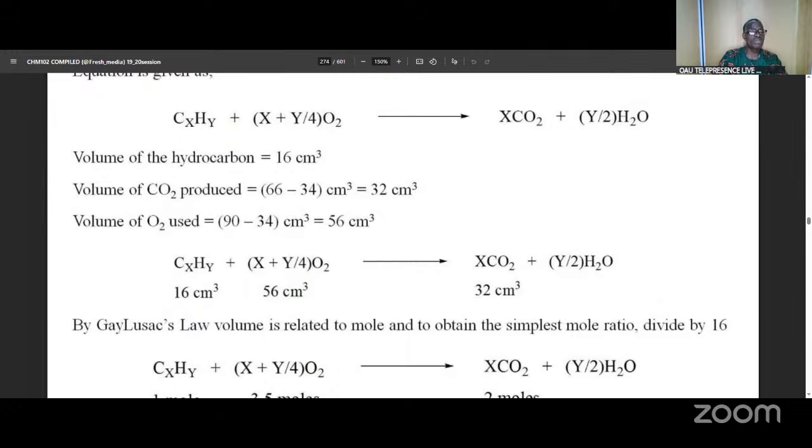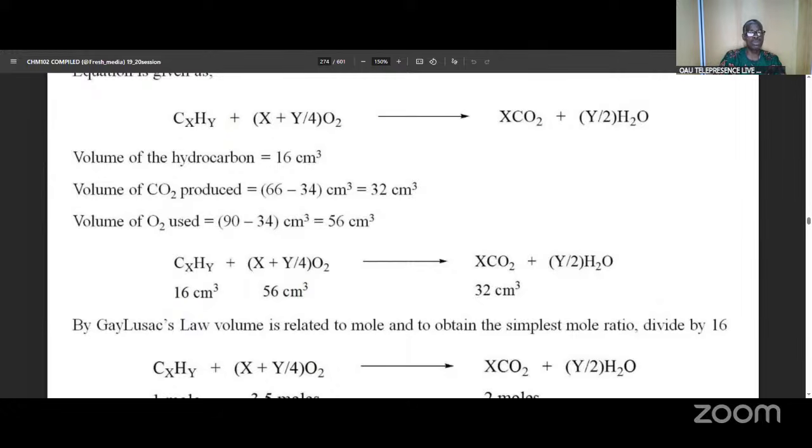Then the volume of CO2 produced will be 66 minus 34, because when the gas produced was shaken with potassium hydroxide, we saw that it reduced. So that means the amount of carbon dioxide is 32.